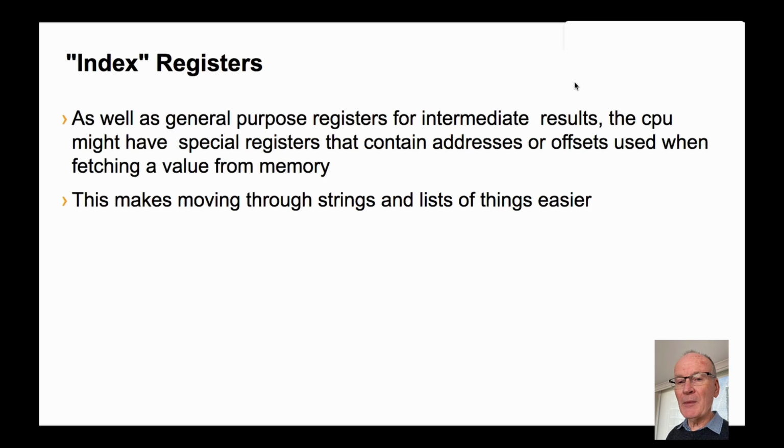And they make indexing through an array or moving through a list of things very easy, because they take a base address and then the contents of the index register to add those two together to produce the target address, and that's what you use for the operand. So by changing the index register, I change the target address. So I can step through an array, gathering the values or storing values into the array.